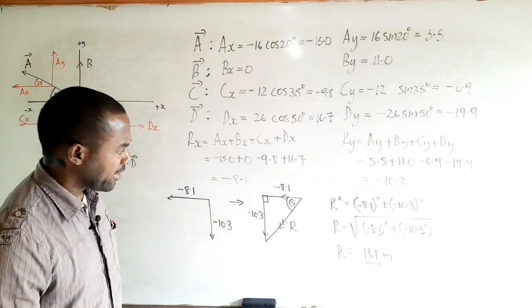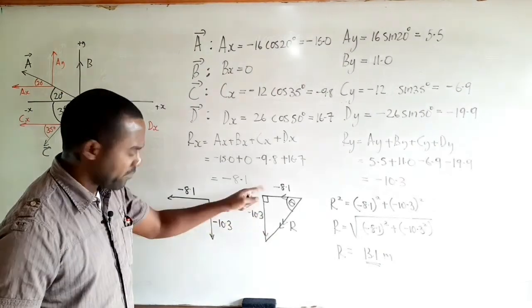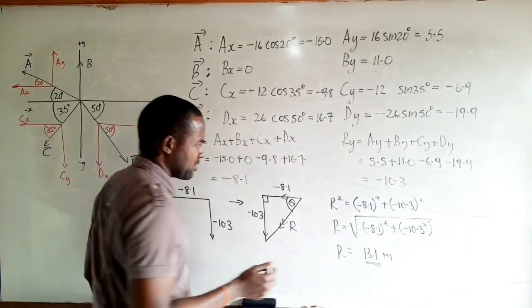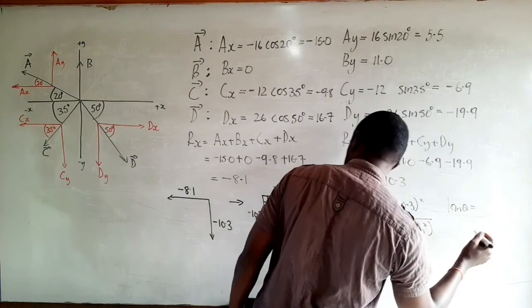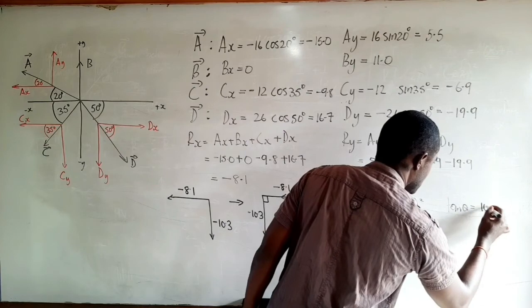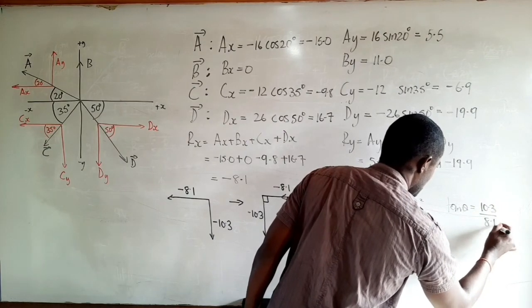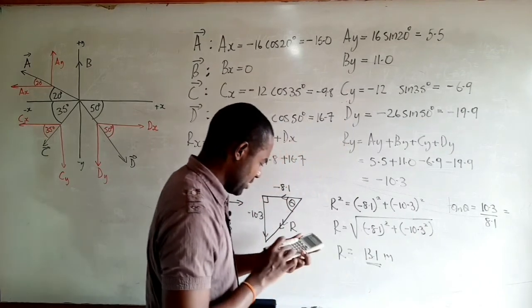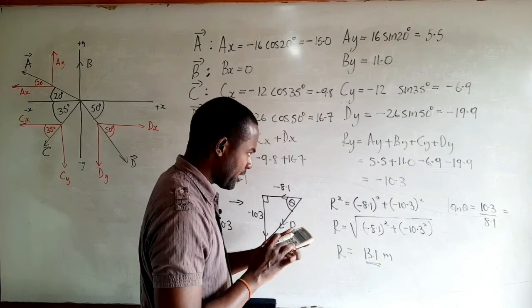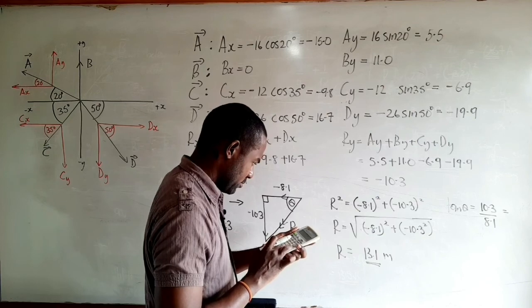So tan theta equals 10.3 over 8.1, which gives us about 1.25, something around there. 10.3 divided by 8.1, right, 1.27.